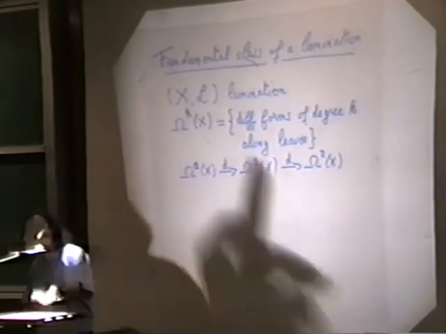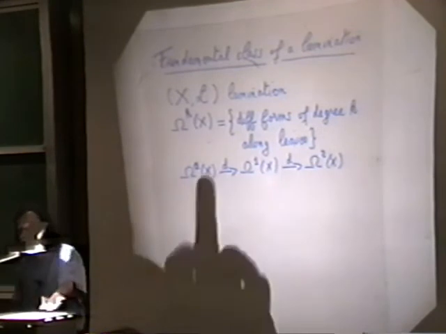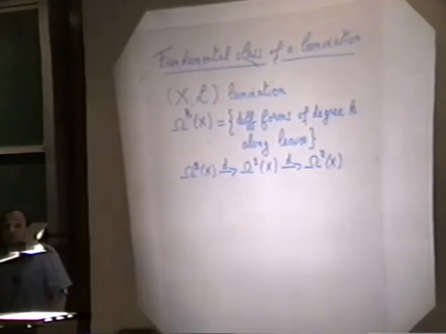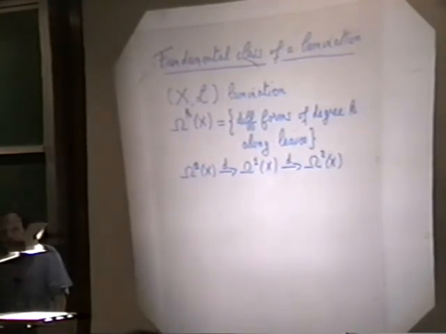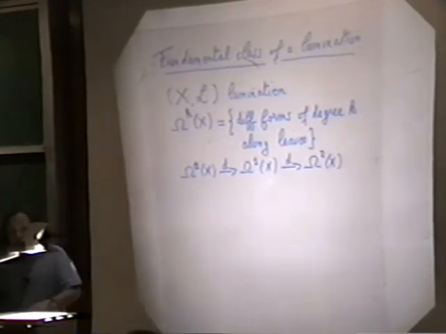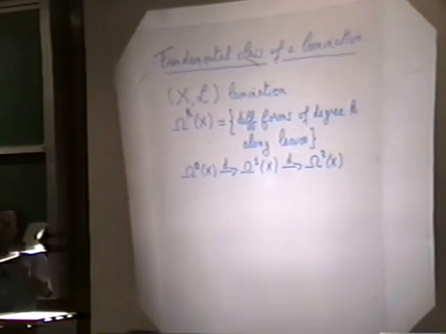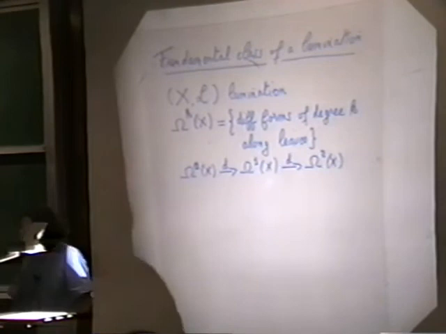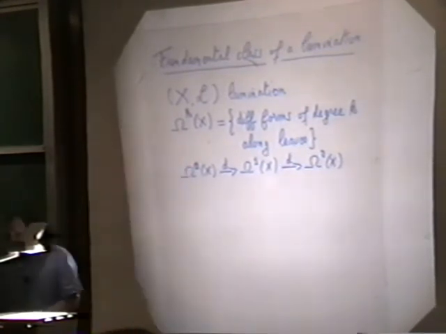So I have omega 0, which is nothing more than functions on the space, then differential forms of degree 1, and omega 2, the differential forms of degree 2. These are objects which are defined along the leaves and moving continuously in the transversal direction. I have a very complex differential going from functions to one-forms and from one-forms to two-forms. Usually it's useless.